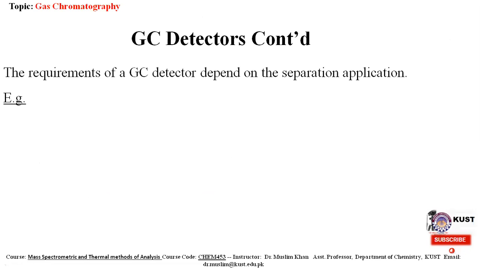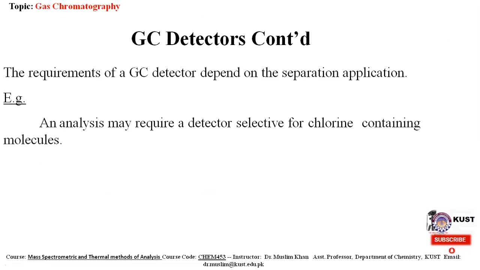The requirement of a GC detector depends on the separation application. For example, an analysis may require a detector selective for chlorine-containing molecules.